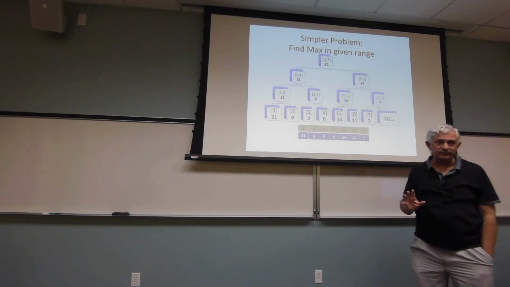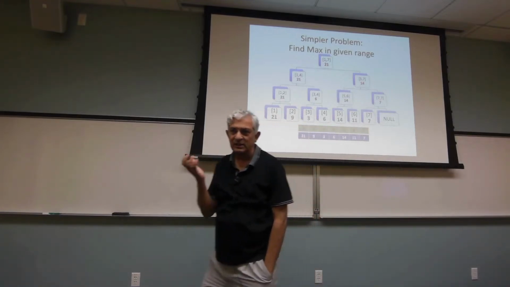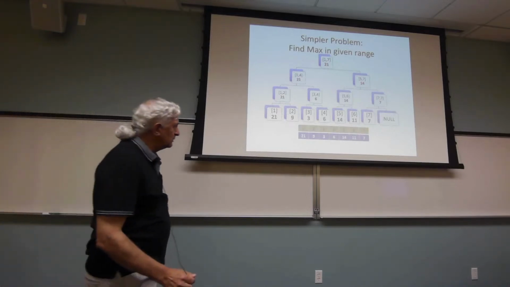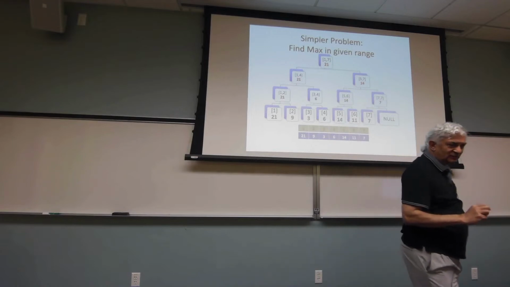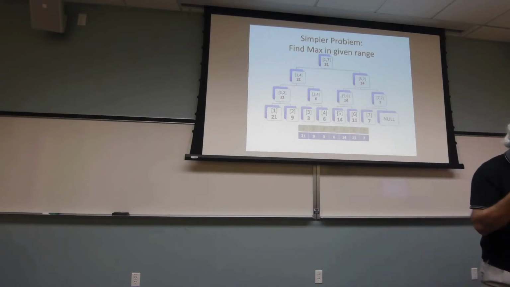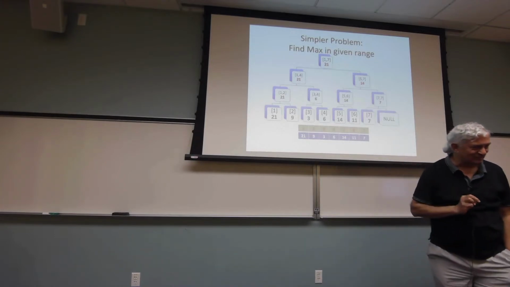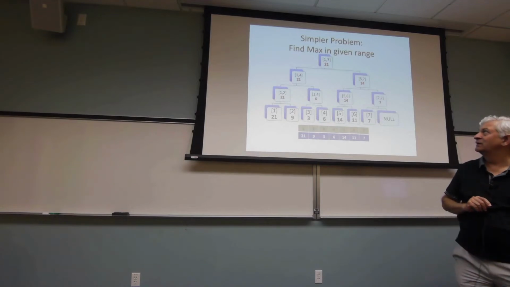So this is a slightly different way of organizing your ranges, but it essentially captures the same information. Fine? Now, you're going to need this organization if you want to deal with positions. But if you don't care about positions, then the previous organization would have worked out just fine.